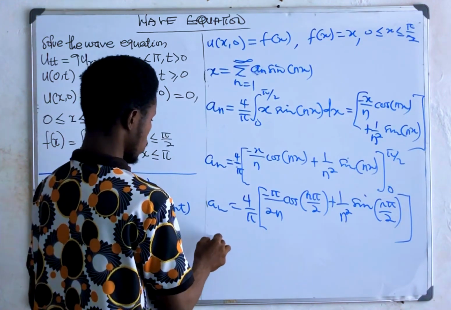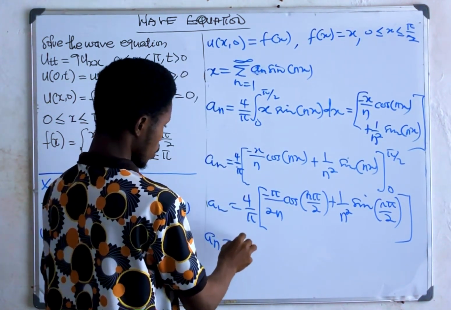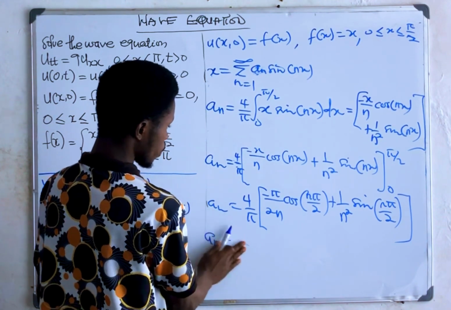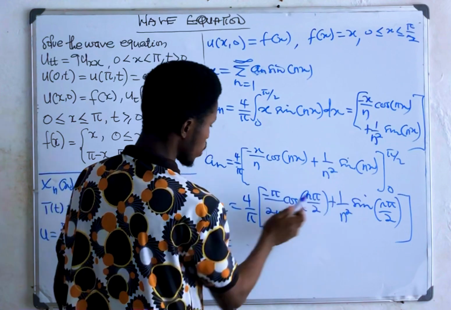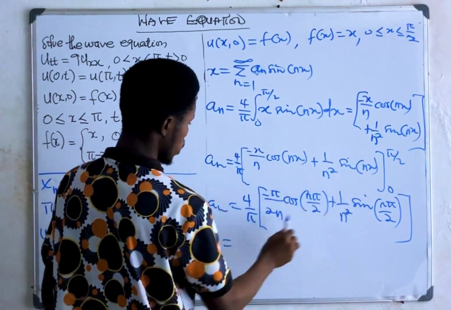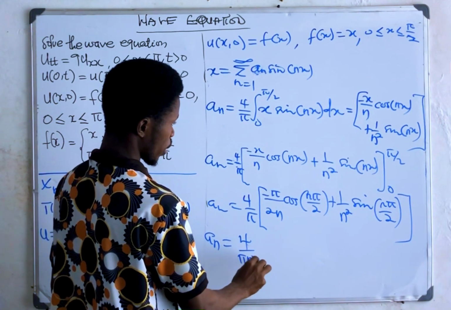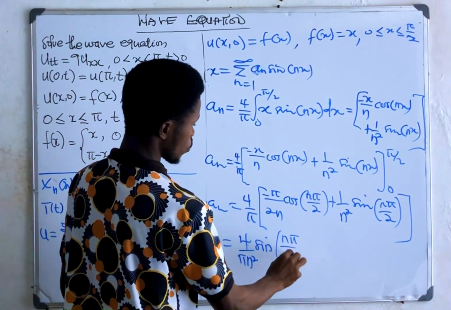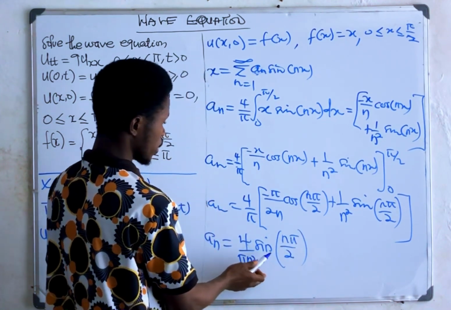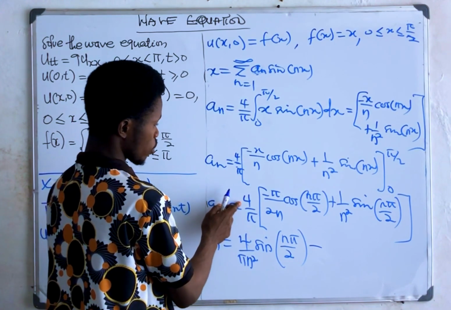So my final answer is going to be an equals to 4. So let me multiply the 4 through. I want the negative to go to this side, so I'm bringing this one first. So 4 times this is going to give you 4 over pi n squared sine n pi over 2, something like this, minus 2, going to 4 two times, right?